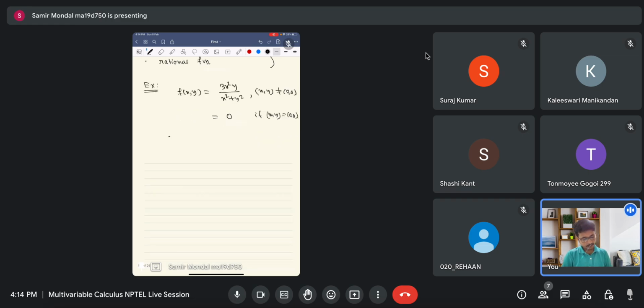Is it continuous on R2 or not? You have to check it. Please tell me what your guess is. At first please tell me what the limit will be when xy approaches (0,0). Please tell me what the limit would be.